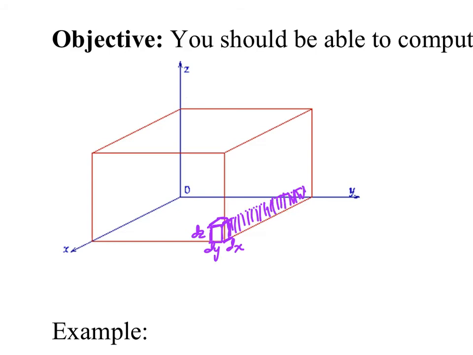So we would integrate with respect to x. All right, so we have our dx. We would integrate all of those. Then we would have each of these teensy tiny little distances in the direction of y.